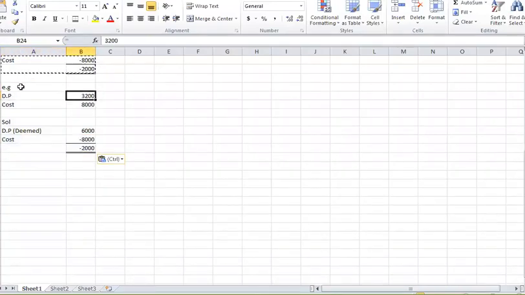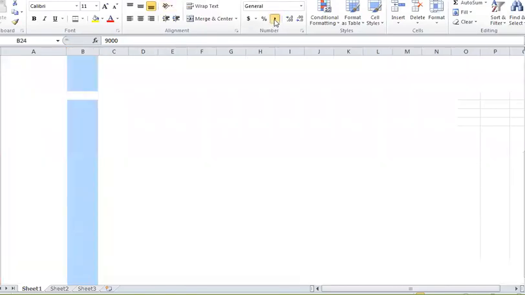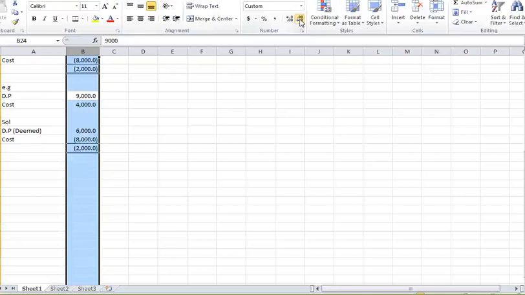For example, if we have purchased an asset for £4,000 and we are going to sell it for £9,000, you can see cost is £4,000, which is less than £6,000. Selling price is £9,000, which is obviously more than £6,000. So how to calculate gain or loss in this situation?